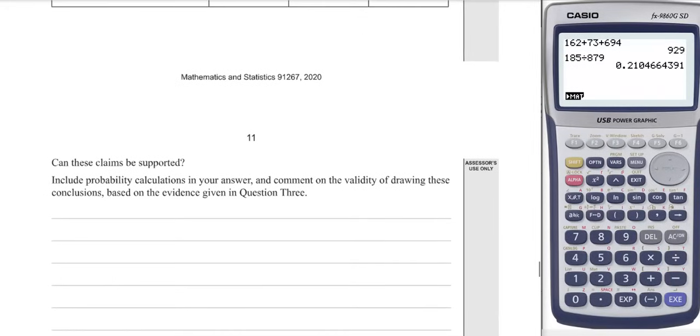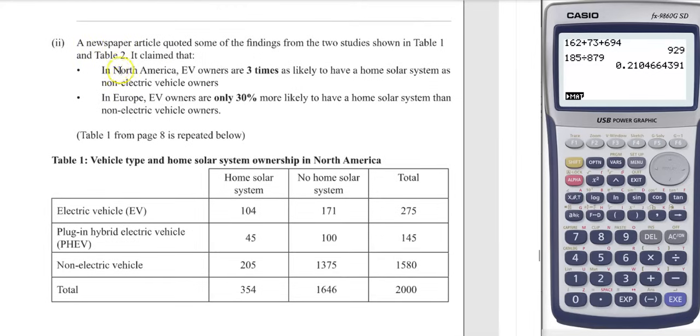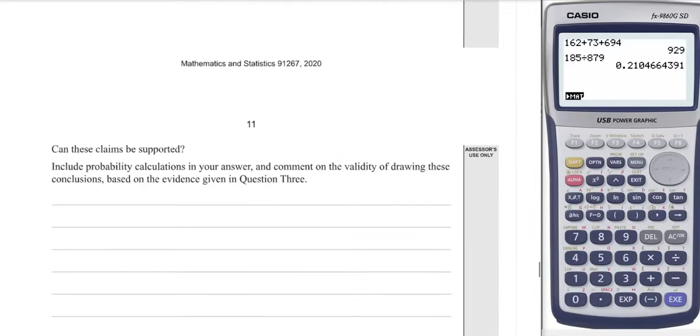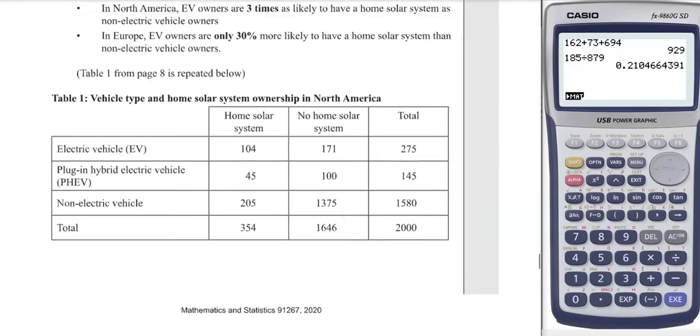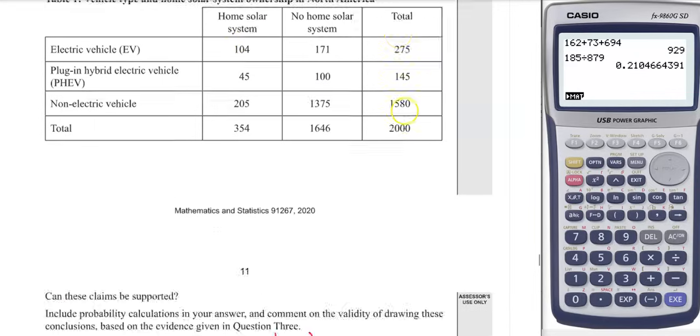Okay, so can the claims be supported? Let's check out what the claims are. So the claim is that in North America, EV owners are 3 times as likely to have home solar systems as non-electric vehicle owners. Let's test that one first. So having a home solar system, given that they are an EV owner, so that's 104 out of 275.